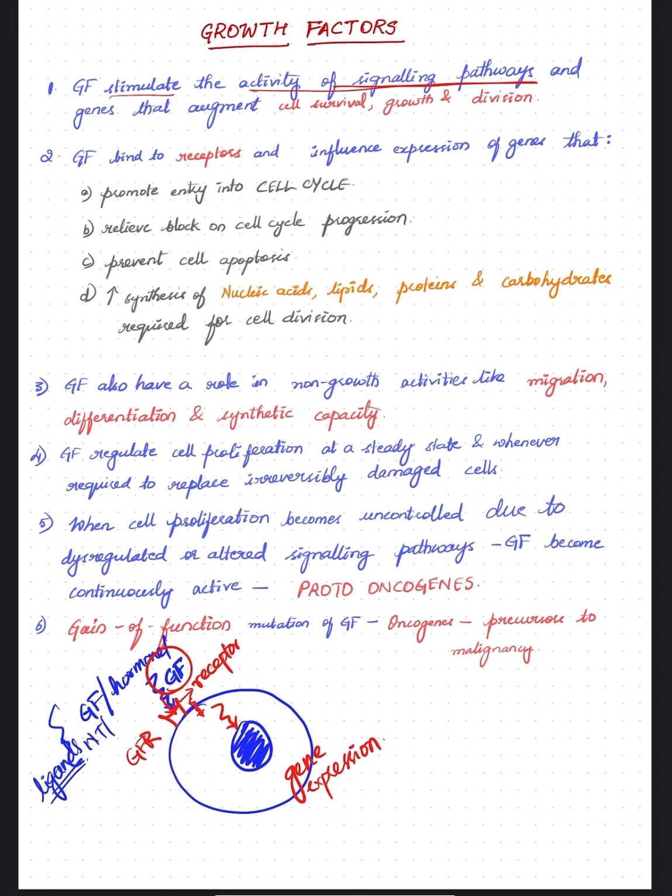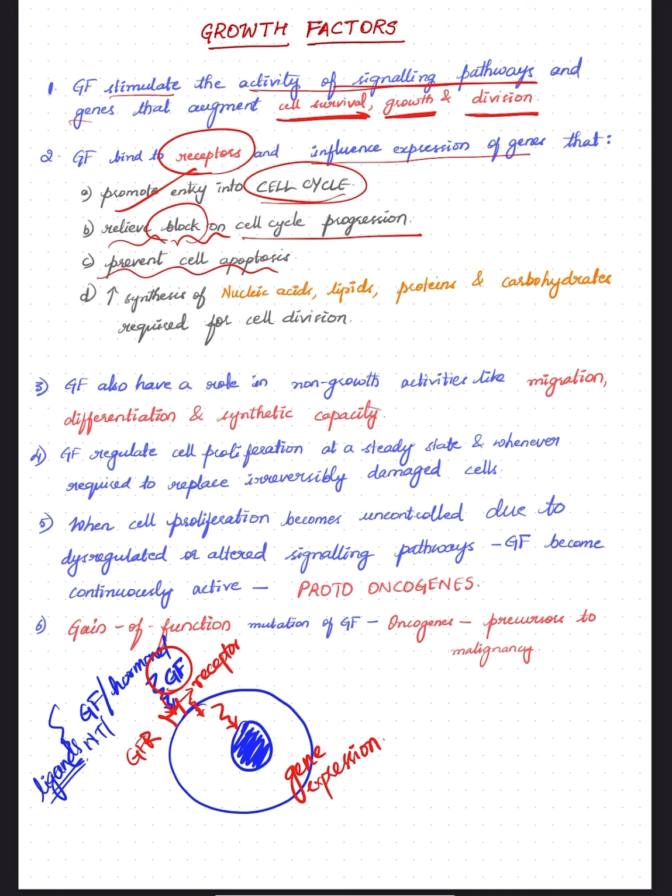This pathway, what I have explained, stimulates the activity of signaling pathways and genes that augment cell survival, growth, and division. These bind to receptors and influence the expression of genes that promote entry into the cell cycle, relieve any blocks on cell cycle progression, any inhibitors on the cell cycle, prevent cell apoptosis, that is cell death, and increase the synthesis of nucleic acids, lipids, proteins, and carbohydrates, which are required for cell division.